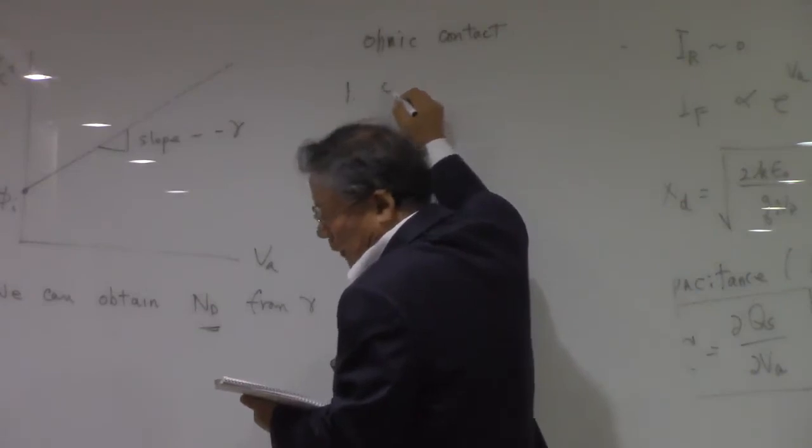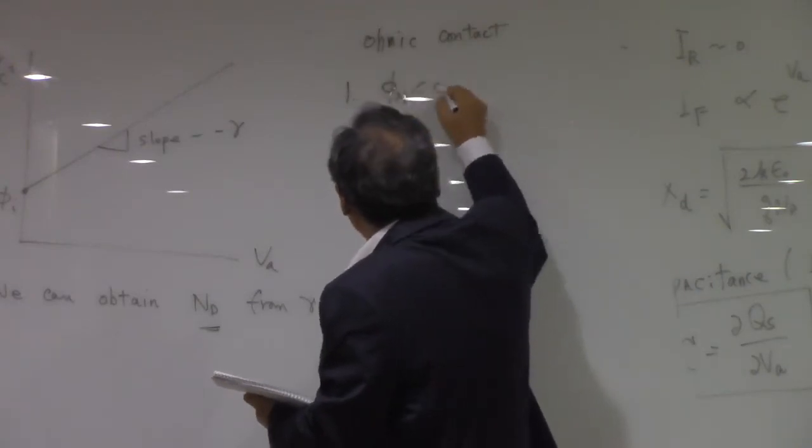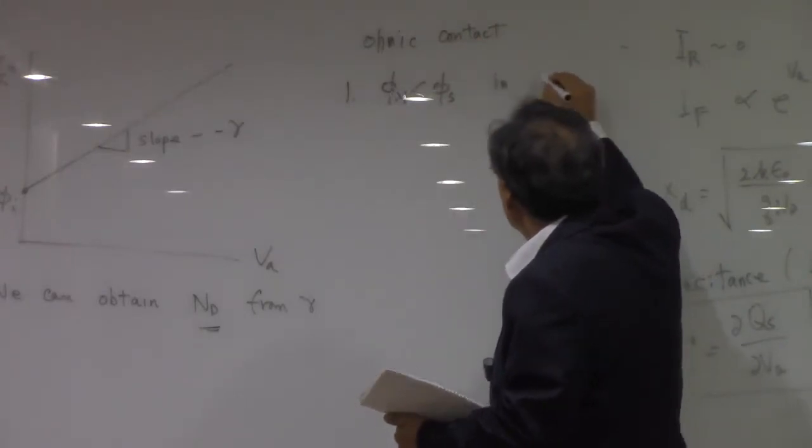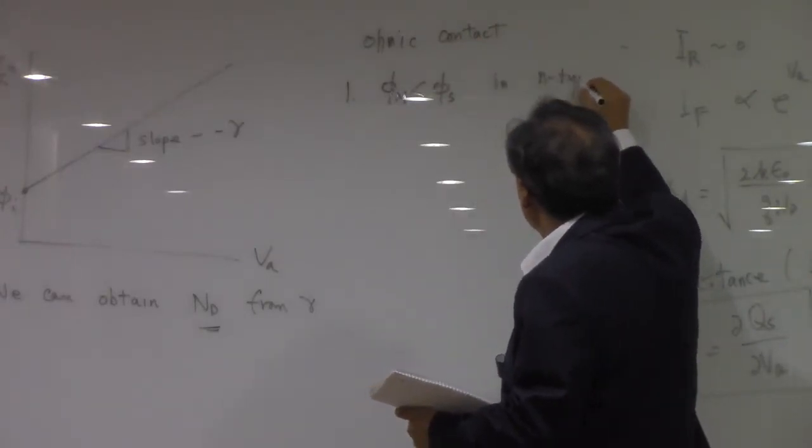For ohmic contact, phi m should be less than phi s in n-type. All right?